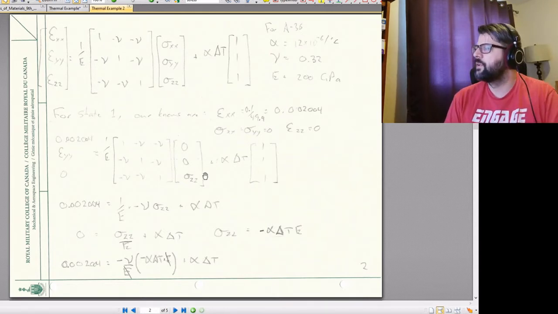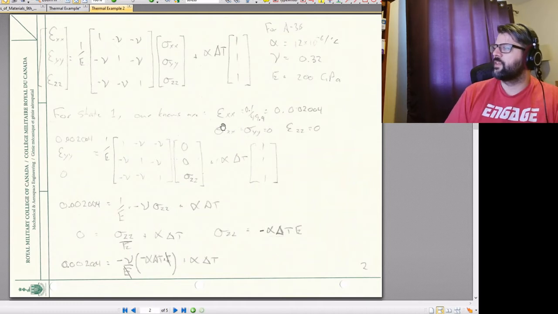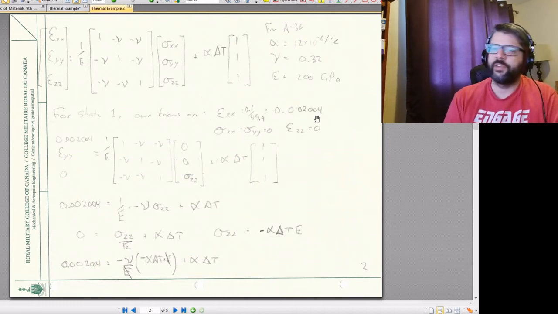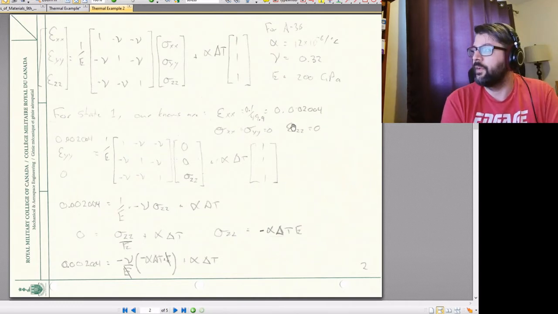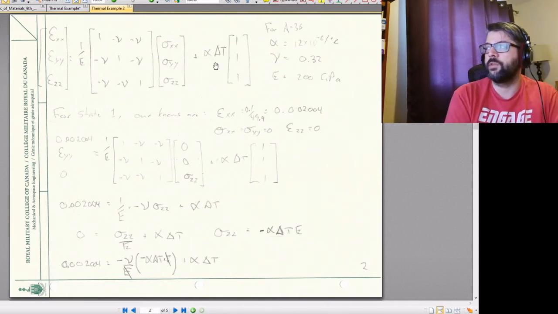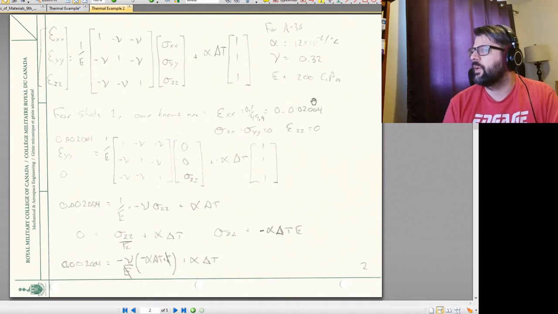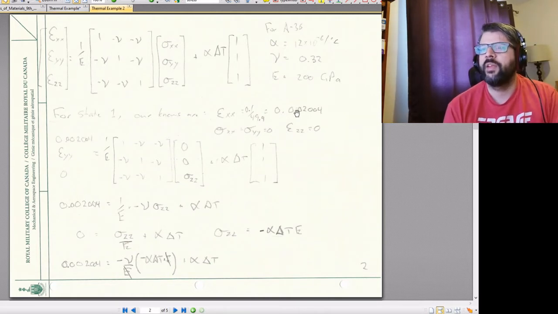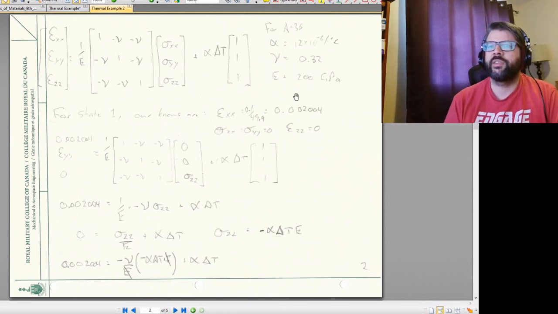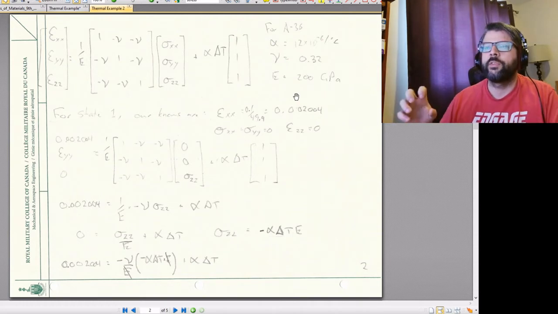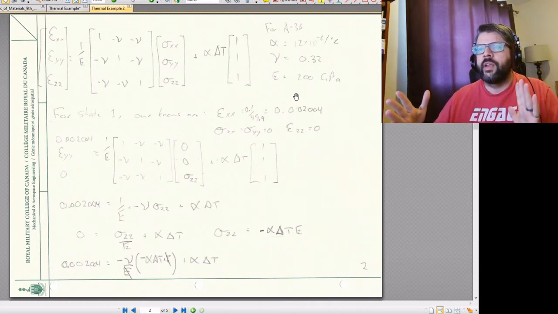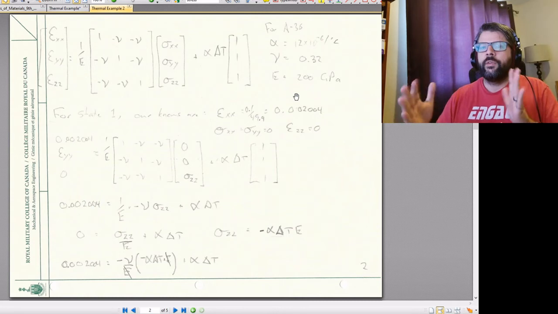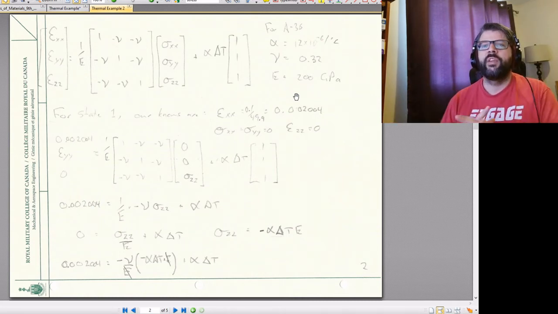So our known conditions are we know how much the final strain is. That much is true. We calculated the final strain. It's just not all due to this. And we know that the stresses in the X and Y direction are all going to be 0 because at that point the block is still completely free to expand in those directions. It's only constrained in the Z direction, so there's only going to be stresses that are building up in that direction.